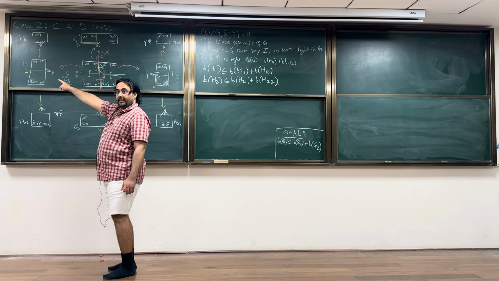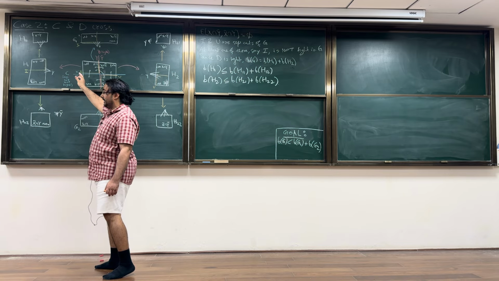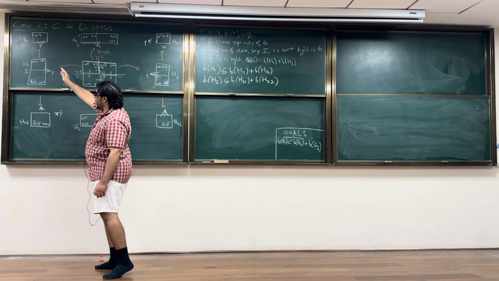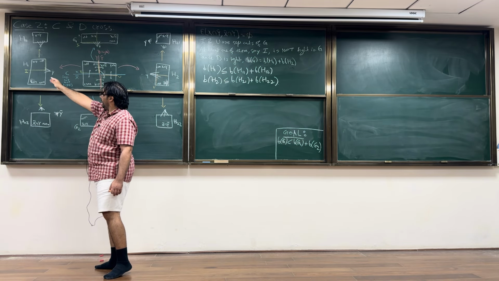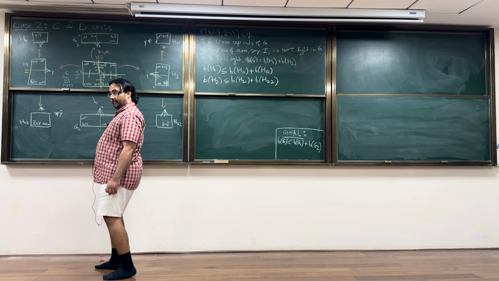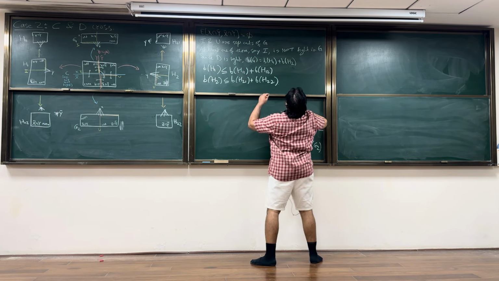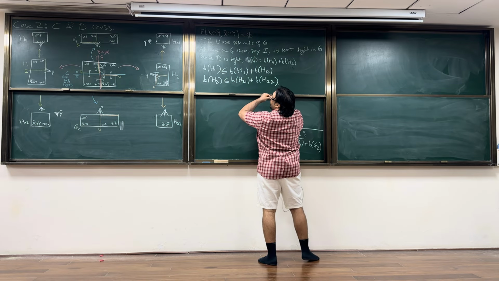Therefore, I is not tight in H1. Take a perfect matching in G that meets the cut I in 3 or more edges. Observe that its restriction is a perfect matching in H1 that meets the cut I again in 3 or more edges. So therefore, because of this, we know that I is not tight in H1.